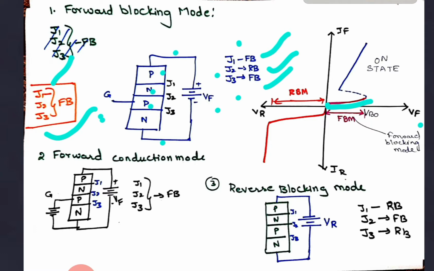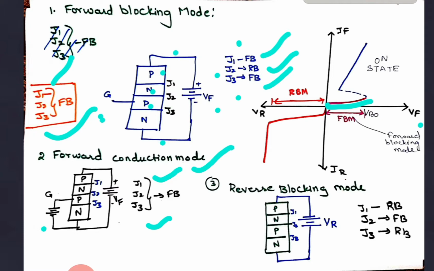Therefore, in order to switch on, let us see the forward conduction mode, where the gate voltage is connected between P and N. Now if you observe, junction J1 is forward biased, J2 is also forward biased, and J3 is also forward biased.